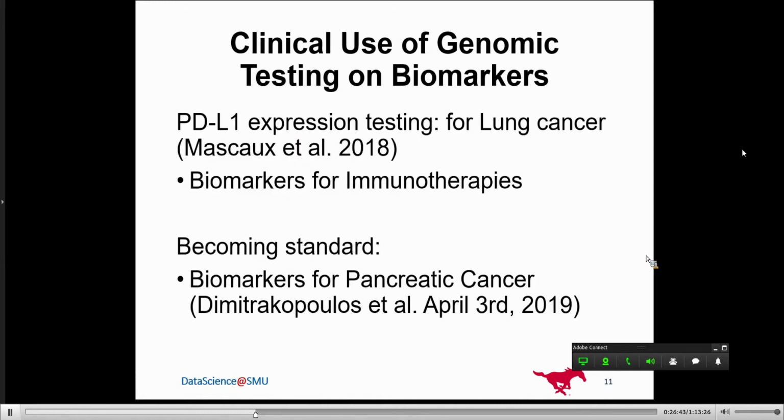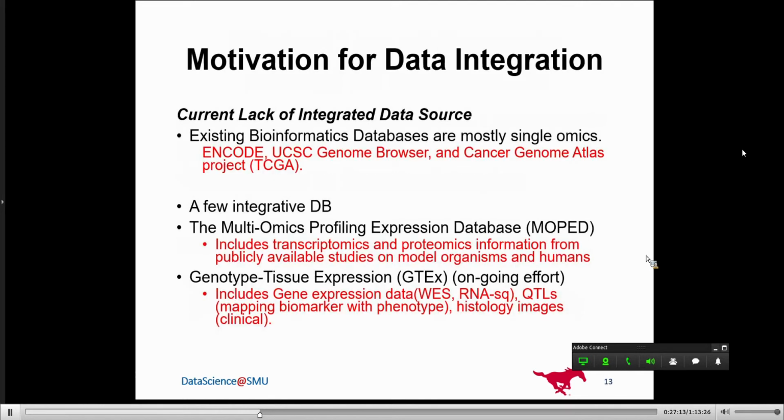And the PD-L1 expression test is for lung cancer. It's a biomarker, so the patient can decide if they need immunotherapies or not based on this test. Just this month, another paper was published where they discovered some biomarkers for pan cancer. So I believe this will also become a standard test for pan cancer patients.